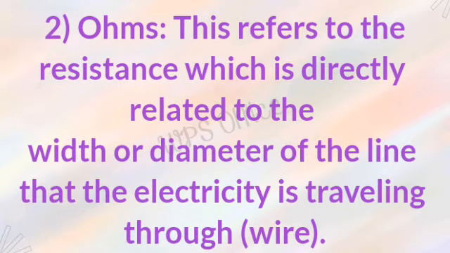Ohms. This refers to the resistance, which is directly related to the width or diameter of the line that the electricity is traveling through. For example, wire is a medium of electricity.